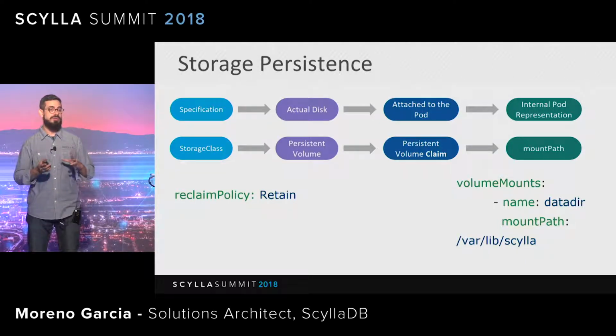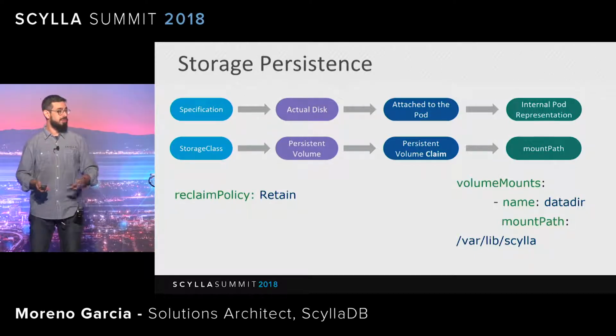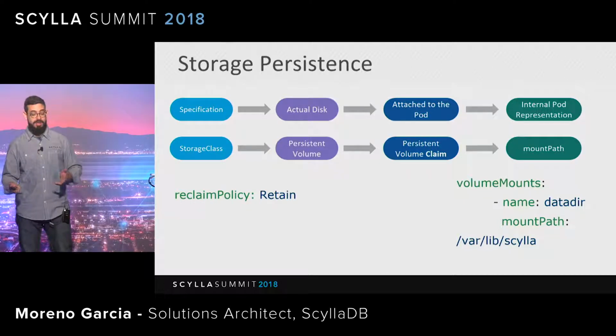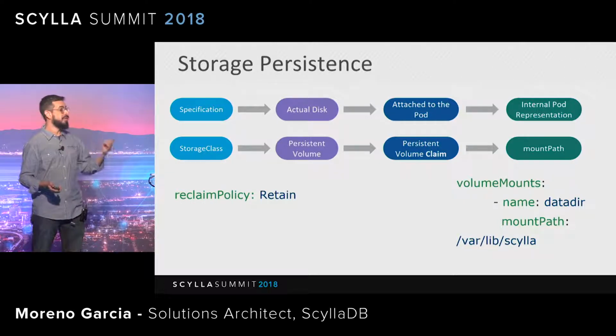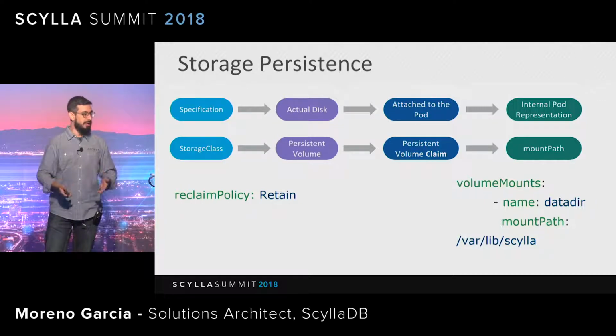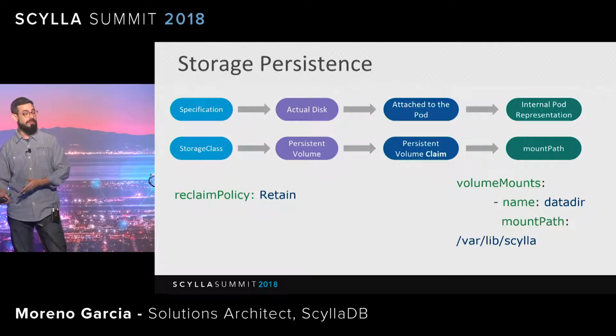Inside the stateful set, we have a volume claim, which is going to tell Kubernetes, hey, I need a volume, and you also declare the storage class that you want, and the Kubernetes cluster is going to provide you with a persistent volume. This persistent volume will be attached to a pod through a persistent volume claim, and then you're going to see it as a file system inside your pod. In this case, /var/lib/scylla.